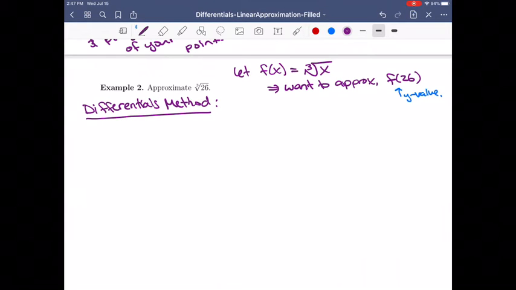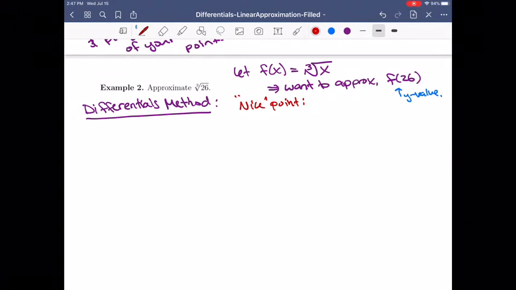So for both methods, what I want is a nice point that's near the x value that I want to approximate. What would my nice point be? It's an x value where I know how to compute the cube root of it.